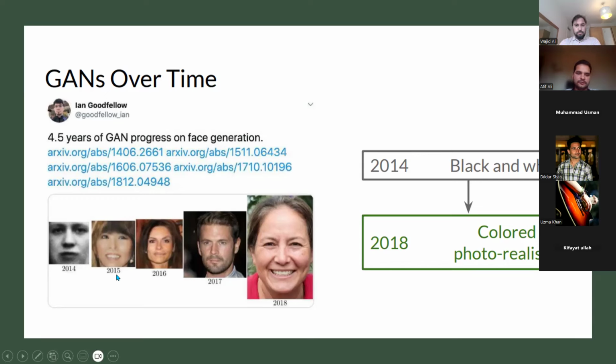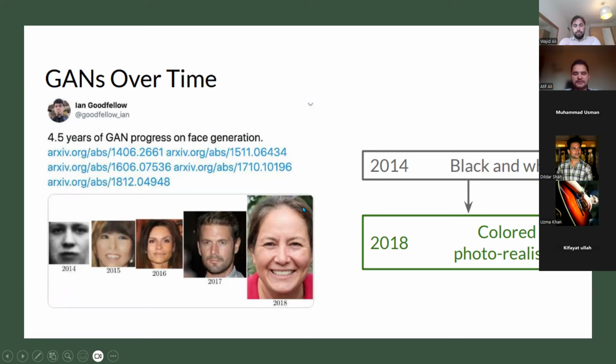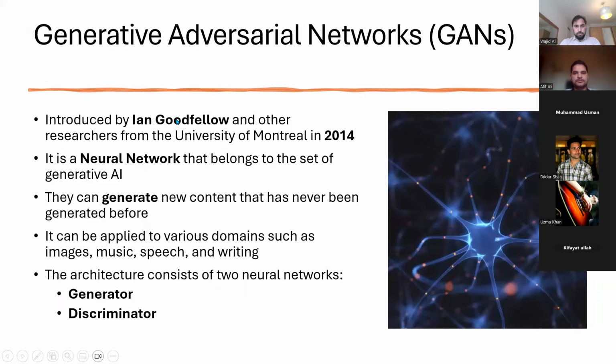Then with the passage of time, in 2018, it got much better, and this is how images are created now. The GAN model was introduced by Goodfellow and researchers from the University of Montreal in 2014. It is a neural network that belongs to the set of generative AI, and it can generate new content that has never been generated before.